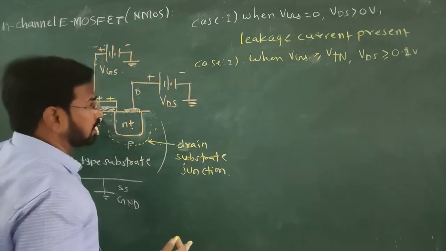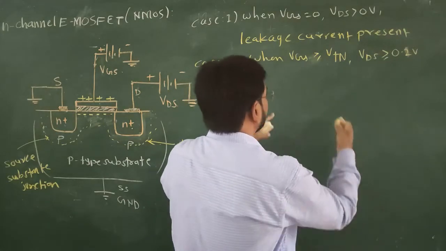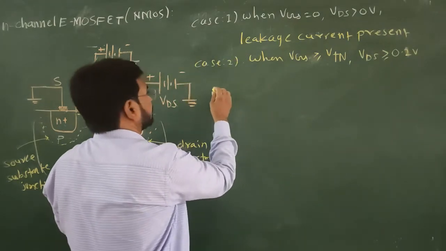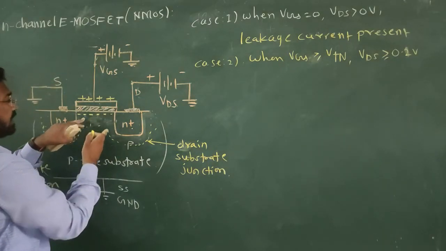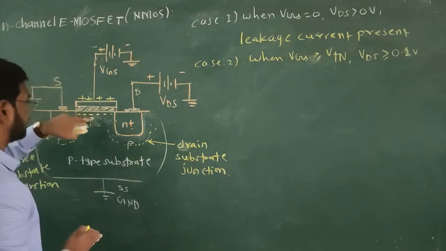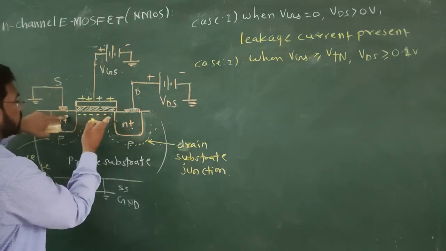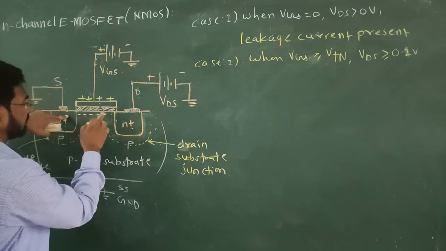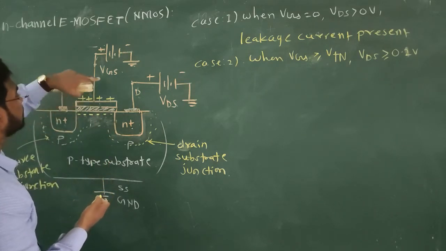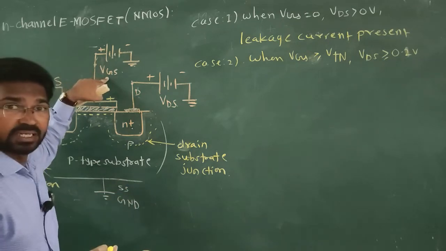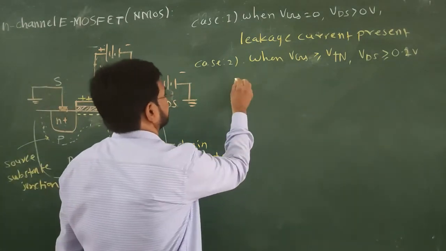Now, when will the current flow? When enough inversion takes place below the oxide layer, at that time these electrons will flow from source to drain through this region, okay. And when will it happen? When we apply VGS positive enough, okay.